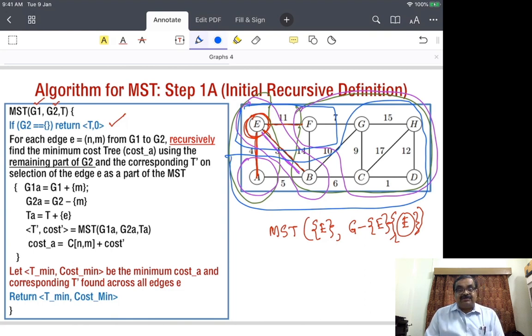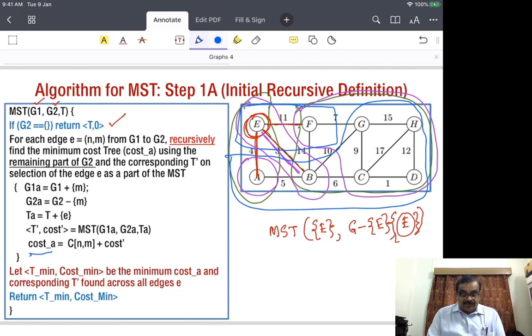We would recursively call it on these three parts. Whatever comes back from each of them, in one we would add the cost of 4, in the other we would add the cost of 3, in the third we would add the cost of 11. And then after adding these costs, we would get the cost A of each of them.